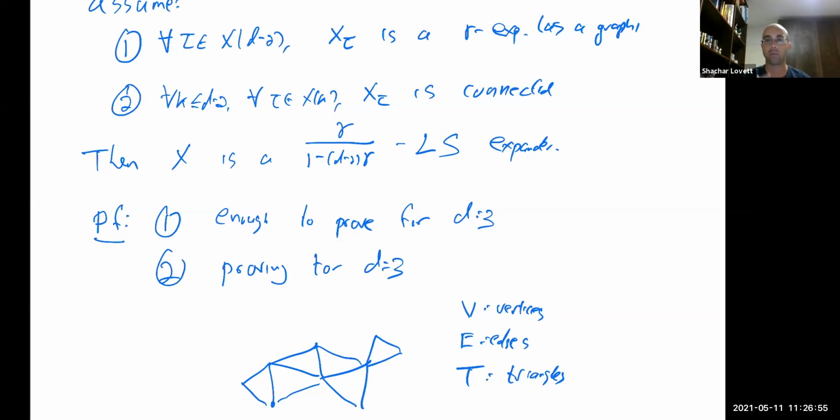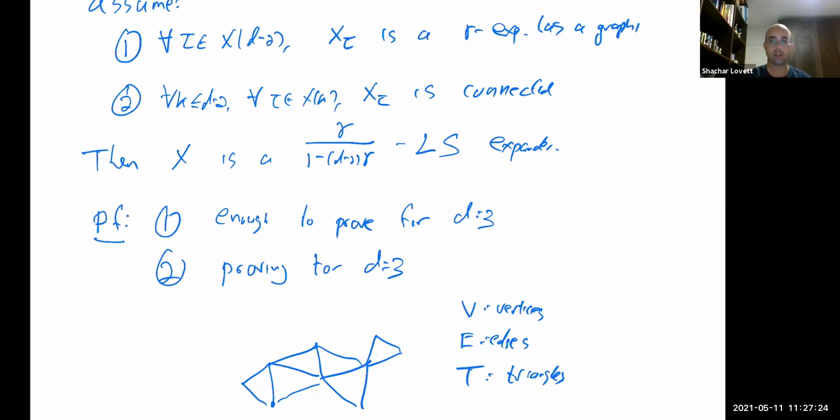Some applications can prove that the top dimensional faces are a one-sided 0 expander, so all the eigenvalues, except for one, are 0 or negative. And then you can take it all the way down and you lose nothing. If you plug in gamma equal to 0, then you get 0. If gamma is negative, you get an even larger negative value in absolute value. It's the only gain, and that's another cool fact.